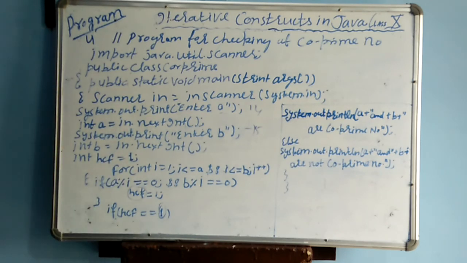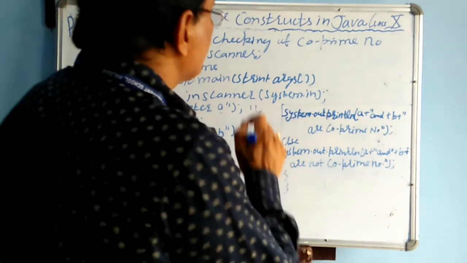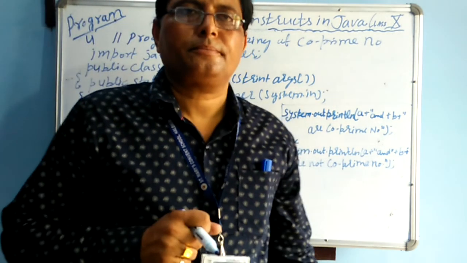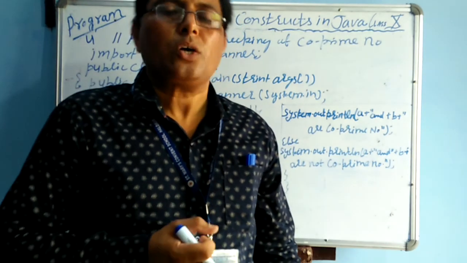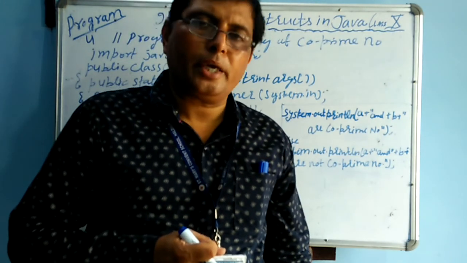We have to see so many values, but when the final value is 1, then it will print with System.out.print that a and b are coprime. I think all the students understand well the coprime numbers and how you calculate them. Okay, thank you.